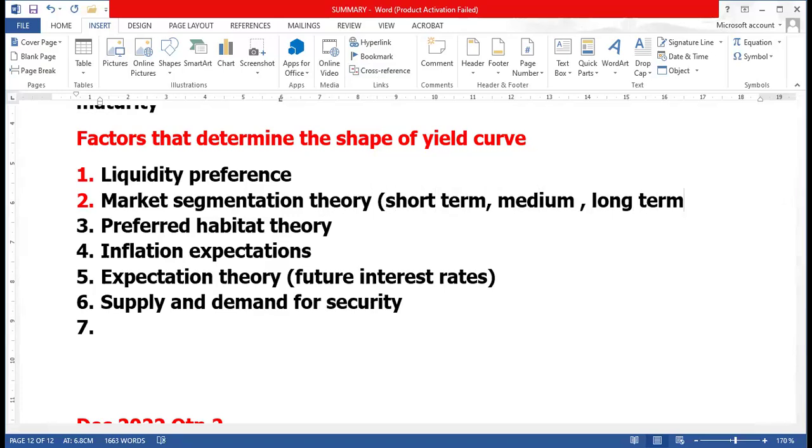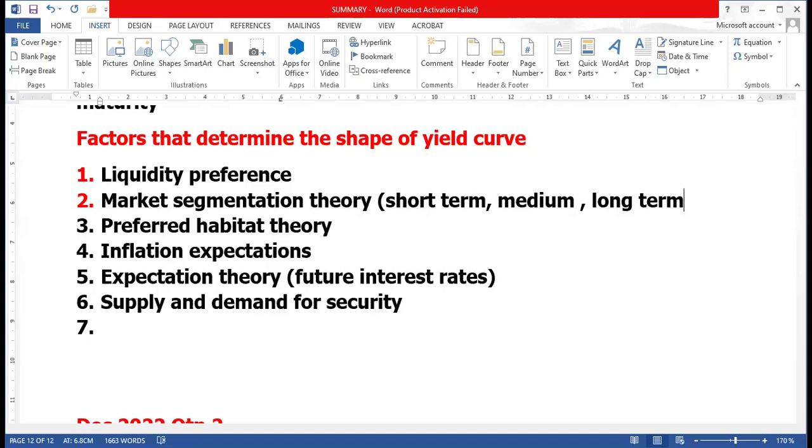For example, when you look at the bond, you find that you have different periods: short term, medium, and long term. Just look at it from that angle.